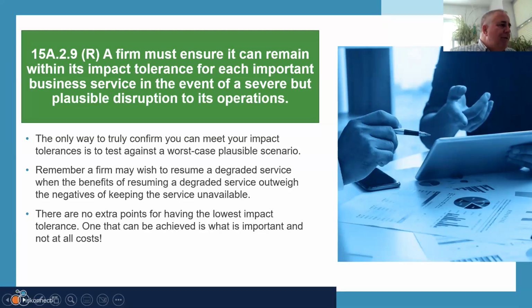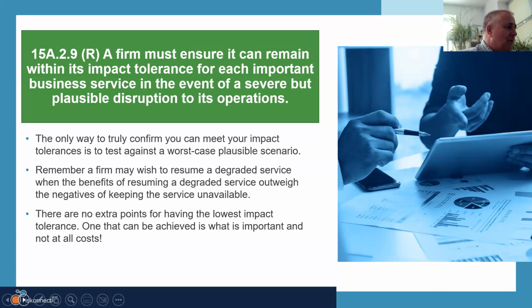Yeah, sure. So the first bullet there talks about how you need to be able to confirm that you can meet your impact tolerances. And the way to do that is to test against the worst case plausible scenario. One of the future slides talks about end to end, but what we're talking about here is you wouldn't take down a complete important business service to try to prove you can recover it.